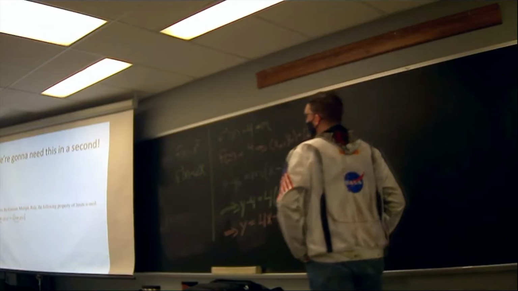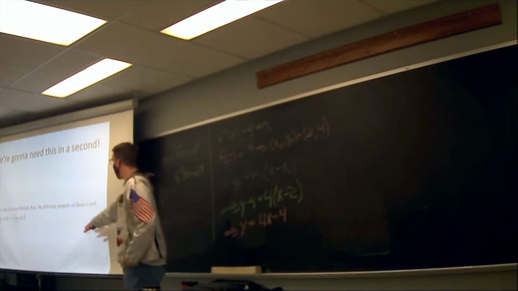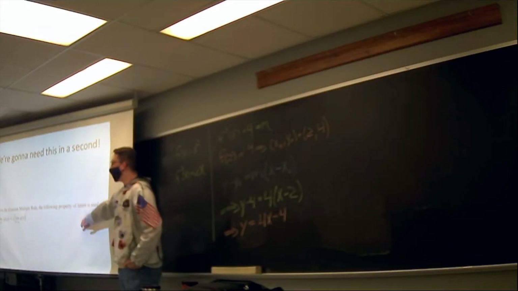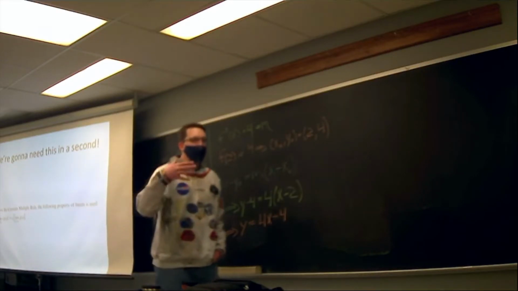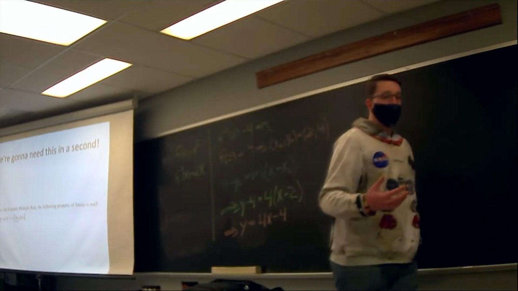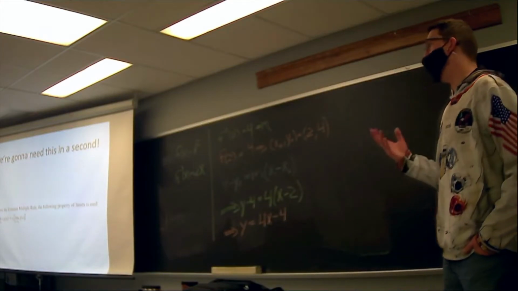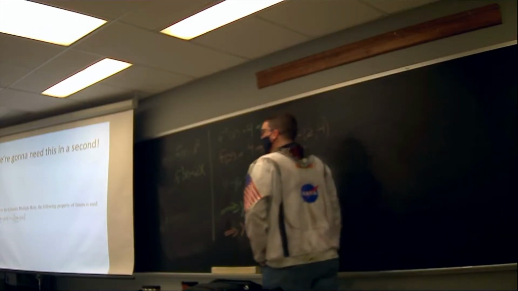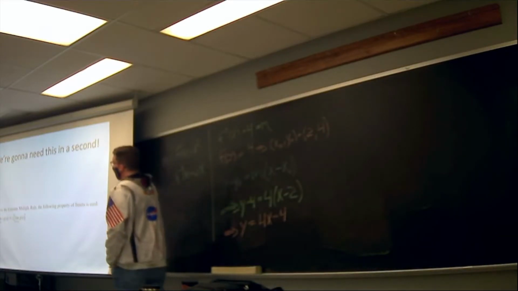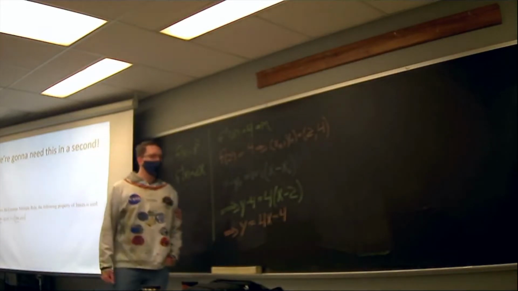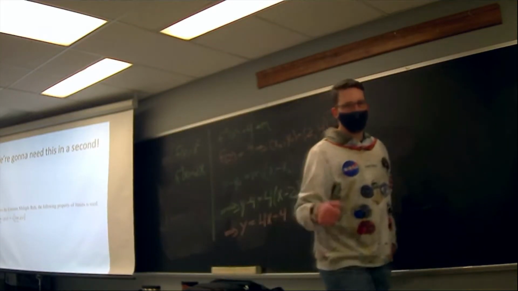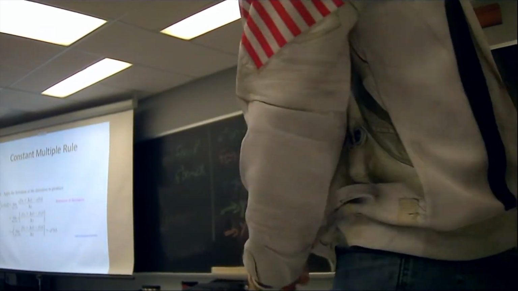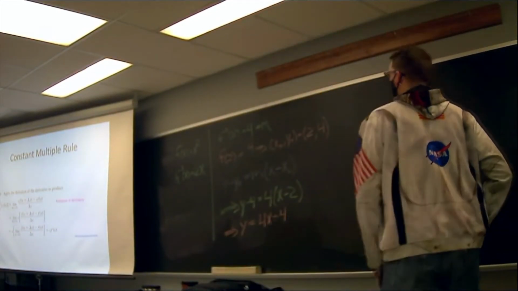Just something to remind y'all of: the limit of c times a function is going to be equal to c times the limit of that function, right? Just go ahead and store this in the back of your mind because, like it says, we're going to need this in just a second. You're going to need it right now.